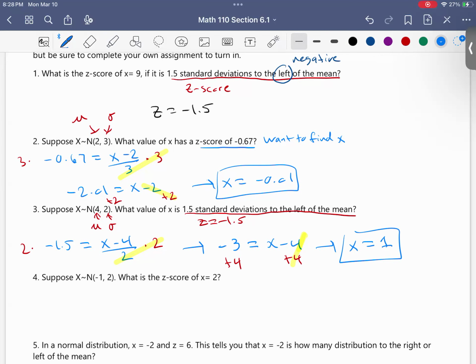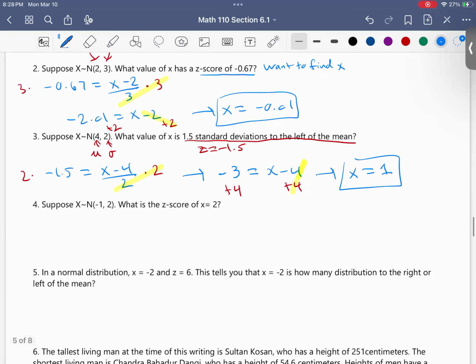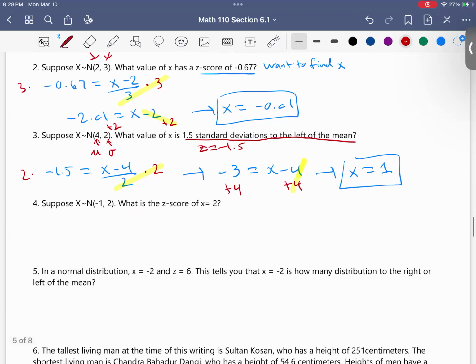Let's go ahead and solve for the actual z-score now. So question 4, suppose we have a normal distribution where mean is negative 1 and the standard deviation is 2. And we want to find the z-score of x equals 2.